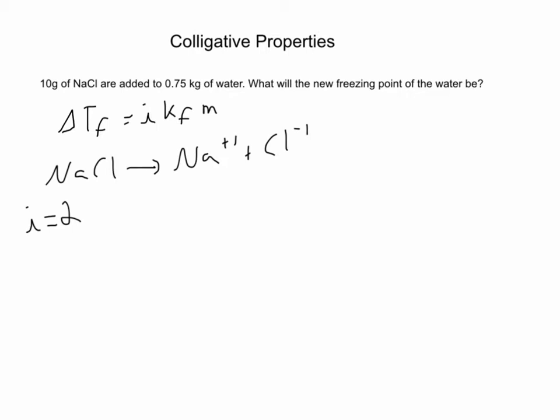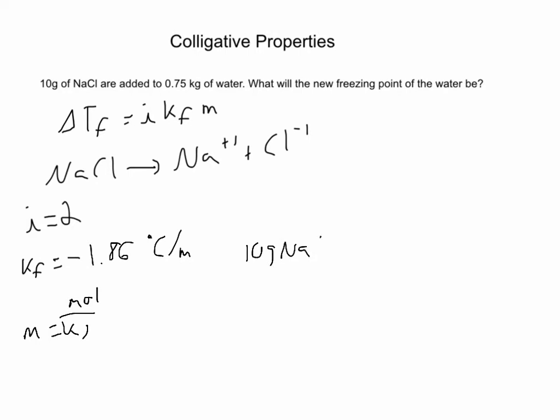Kf, we know it's a constant. Kf equals negative 1.86 degrees Celsius per mole. And the molality, well, we need moles of sodium chloride divided by kilograms of solvent. So let's solve for that. 10 grams sodium chloride over 1, times 1 mole over 58.45 grams, with grams of sodium chloride on the bottom and moles on top.